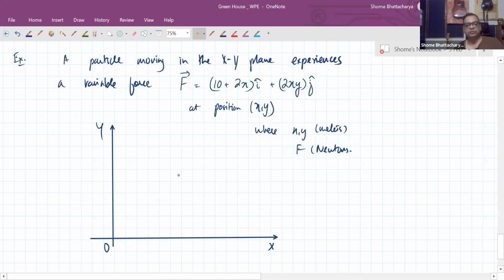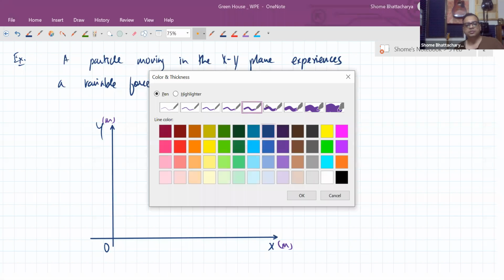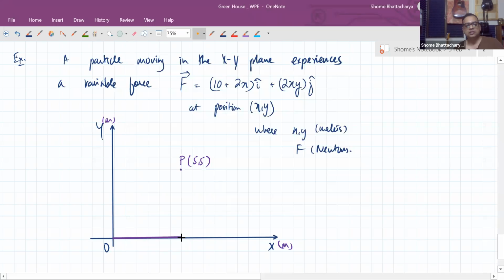We will take it from the origin to this point P, which has coordinates, let's say, 5,5 in meters, where our first path will be like the path we had taken last time: first along the x-axis and then along the y-axis. So this is our path 1.